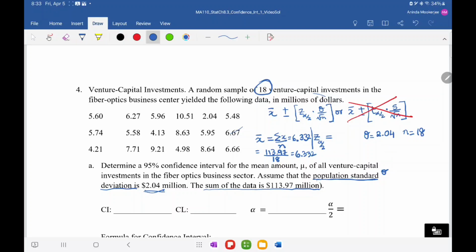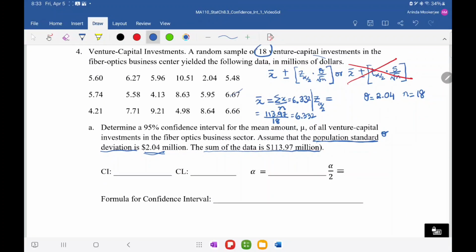Okay, so now let's go on to the problem. We have to first state the confidence interval we are using for this question. They told us to use the 95% confidence interval. So CI would be the percentage value, which is 95%. From there, we derive the confidence level, which is the decimal version of 95%, so that would be 0.95.